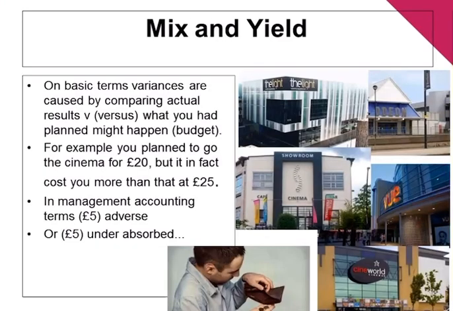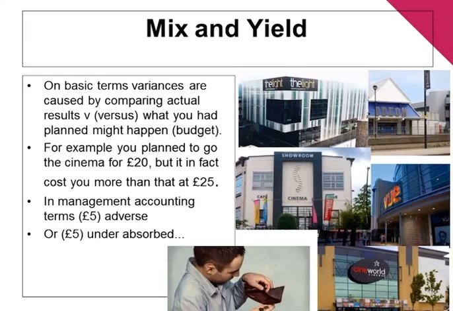On basic terms, when we explore variances, we start with the very simple premise of actual versus budget. The example I always use is that you create a budget, a plan to go to the cinema.